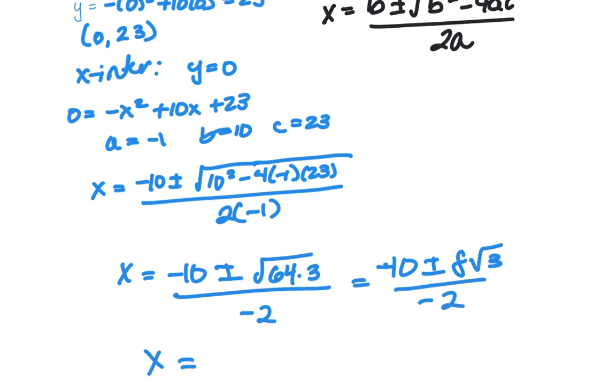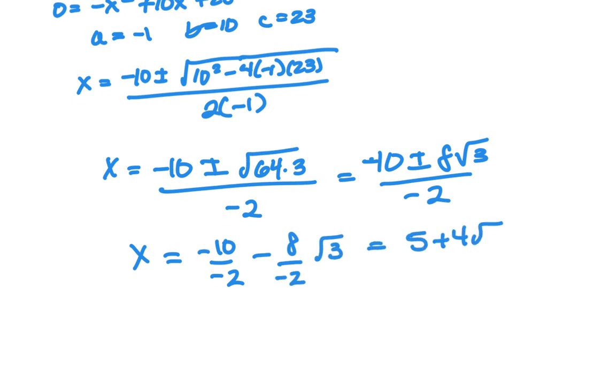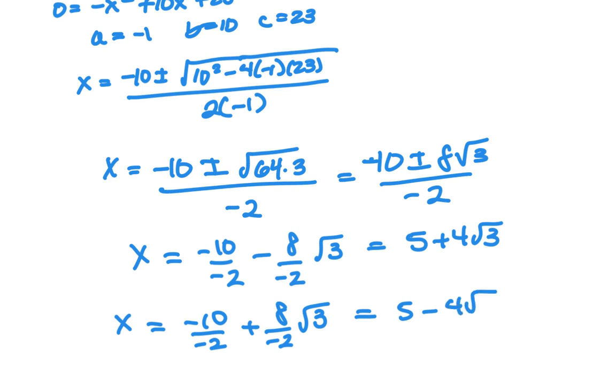Breaking it apart, negative 10 divided by negative 2 minus 8 divided by negative 2 times the square root of 3 gives me 5 plus 4 square root of 3. And x equals negative 10 divided by negative 2 plus 8 divided by negative 2 times the square root of 3, which gives me 5 minus 4 square root of 3.